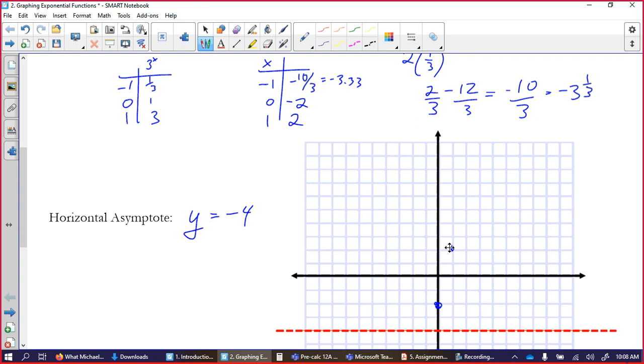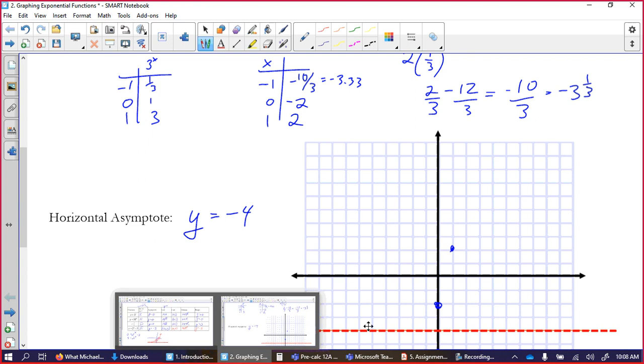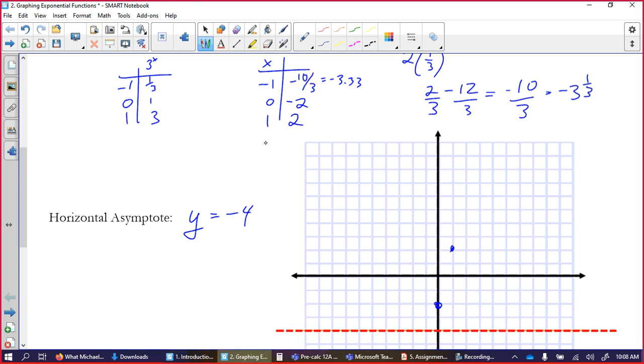When you get into calculus and you're looking for derivatives and integrals, you don't need to know exactly where every point is. You need to have an idea what the graph is. You have to know that there's your asymptote. Negative 1 and negative 3 and a third is about there. So we kind of have our horizontal, and it goes like that.